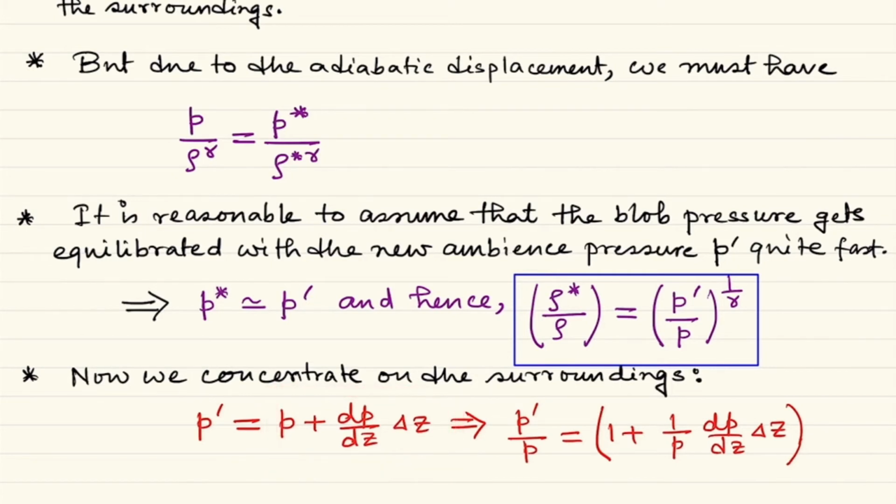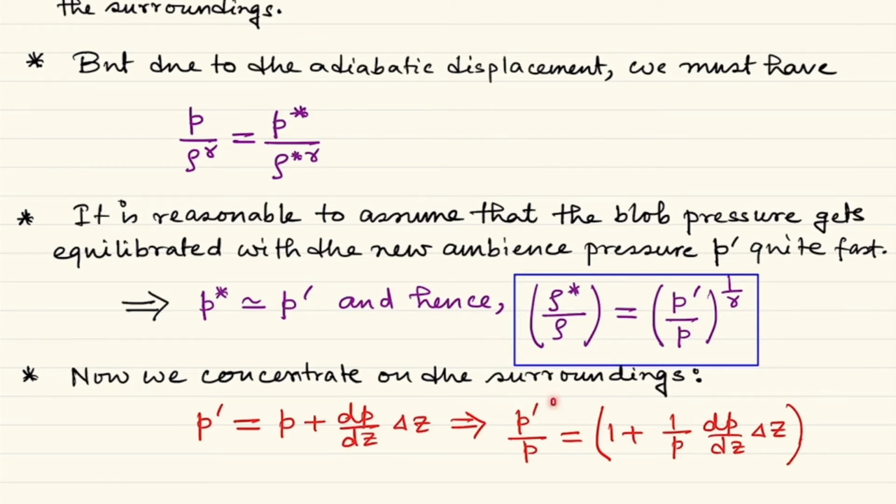So it will be P plus dp dz times delta z, where delta z is the amount of vertical displacement. Here dp dz is the normal pressure gradient in the surrounding fluid. Now, P prime by P will be 1 plus 1 by P dp dz times delta z.